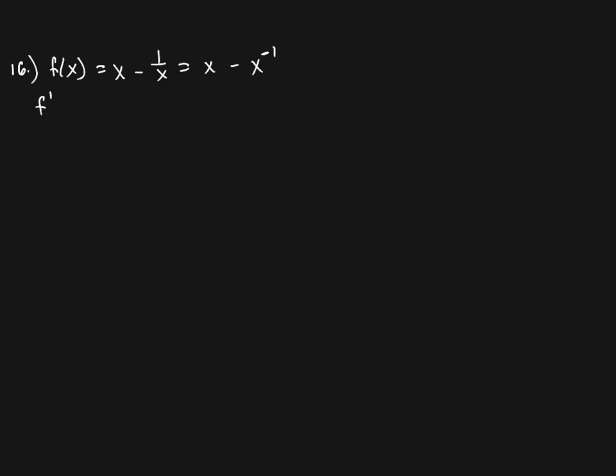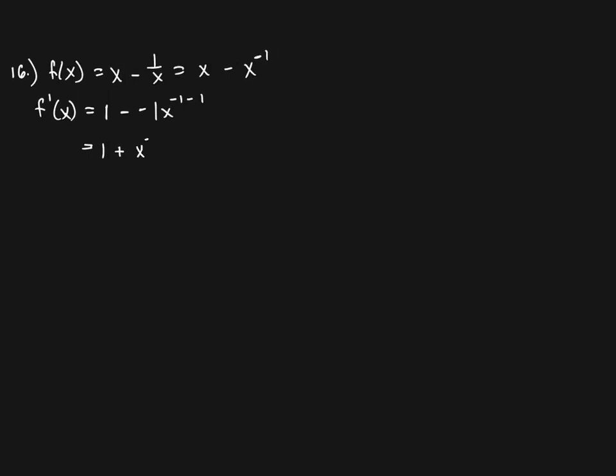So we can take the derivative of this. f prime of x, that's our derivative, is equal to 1 minus negative 1 x to the negative 1 minus 1, which is of course just 1 plus x to the minus 2 power. So that's our derivative for problem 16, 1 plus x to the minus 2.